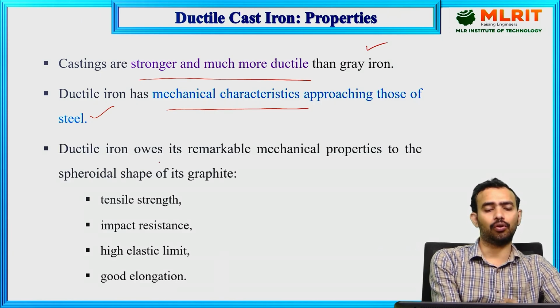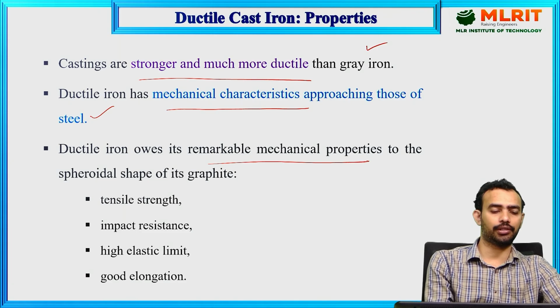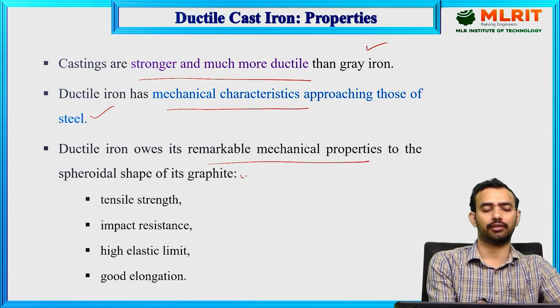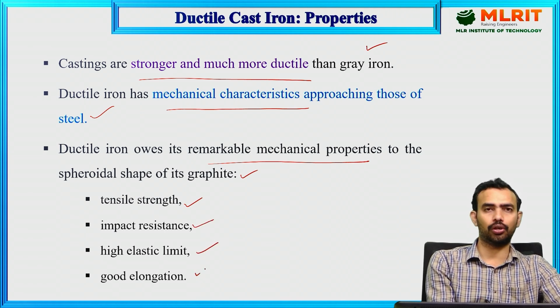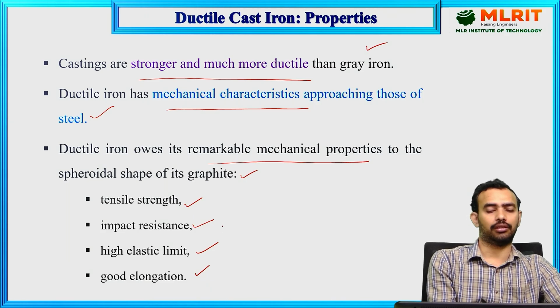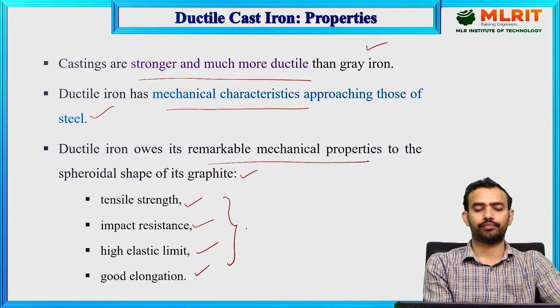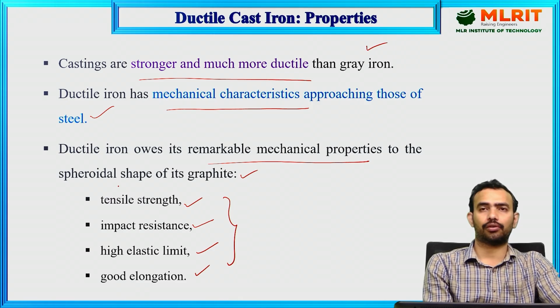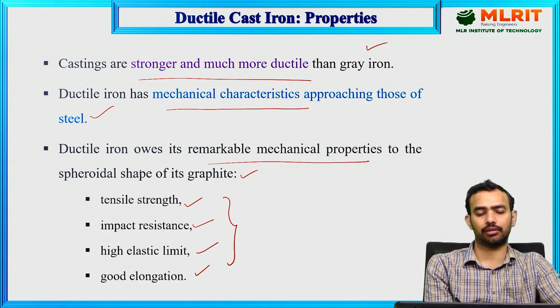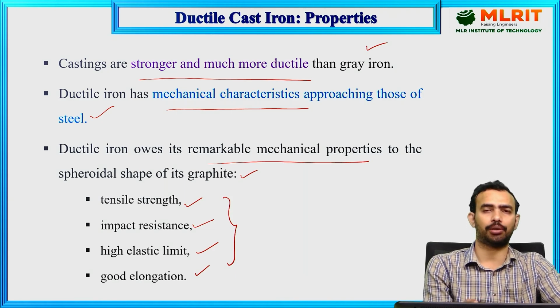Ductile iron owes its remarkable mechanical properties to the spheroidal shape of the graphite, in terms of tensile strength, impact resistance, high elastic limits, good elongation. All these come primarily from the spherical nature of the graphite.